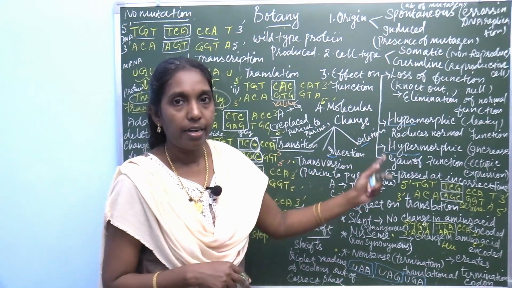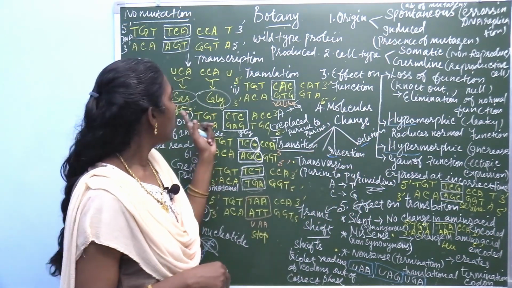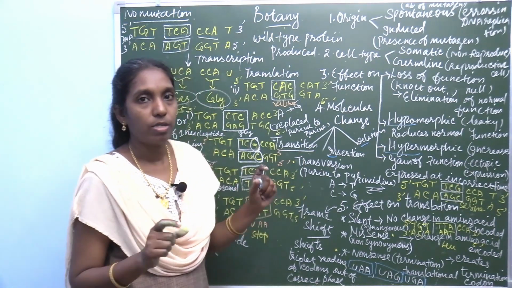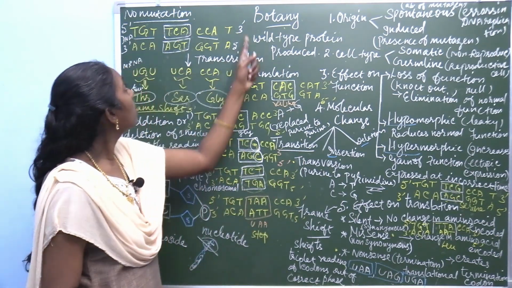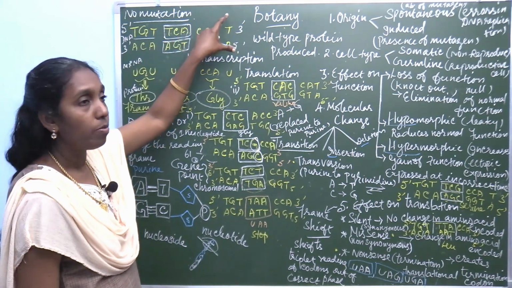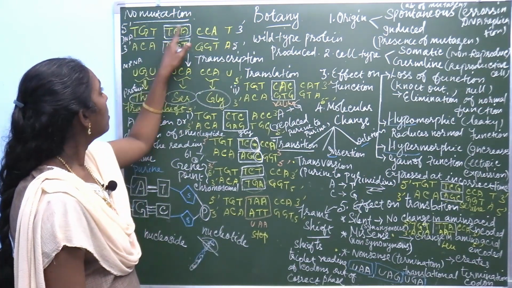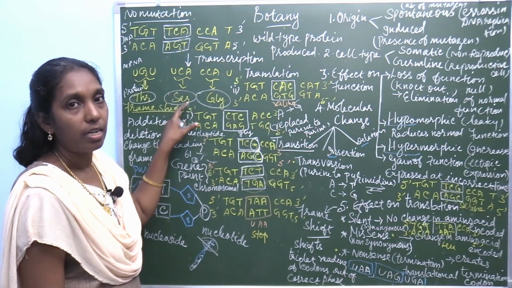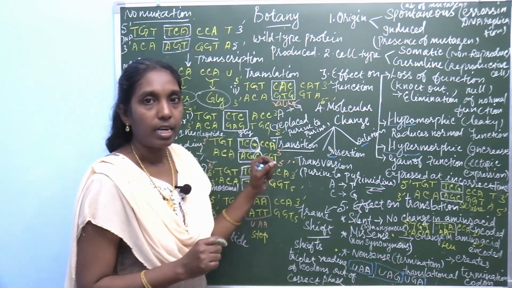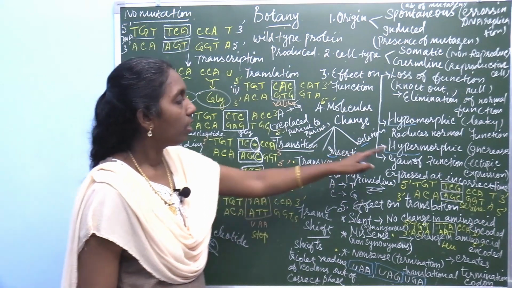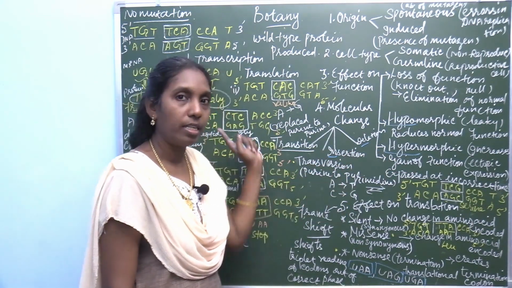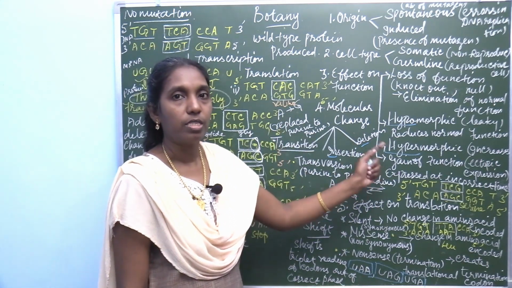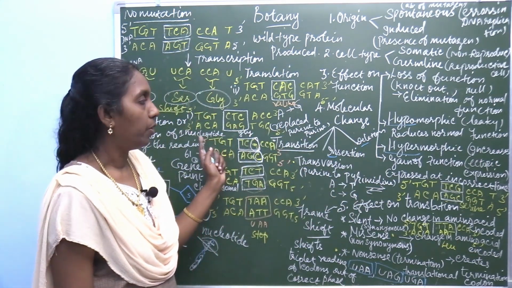Learn the definitions and draw these diagrams also. These are small sequences. First you learn the no mutation, the normal sequence, and only in this sequence there is a change. The diagram is very clearly given in the book. Draw it in the class note, and side by side learn the definition, the type and the diagram. Sometimes a 2 mark question, 3 mark question, or 1 word question comes, so they are very important.